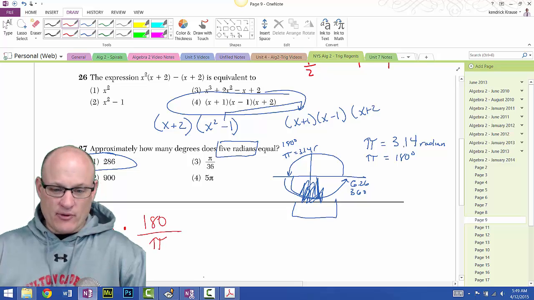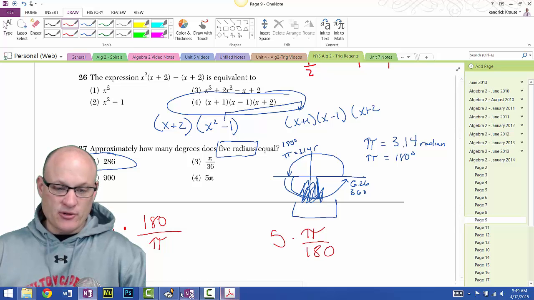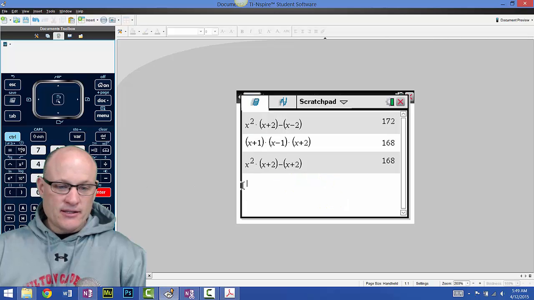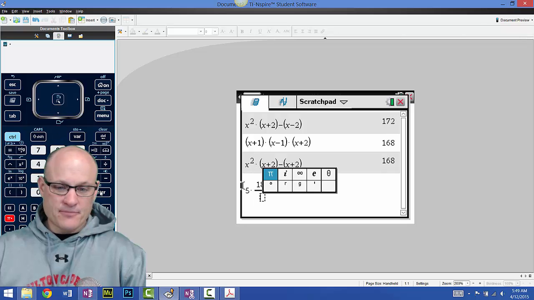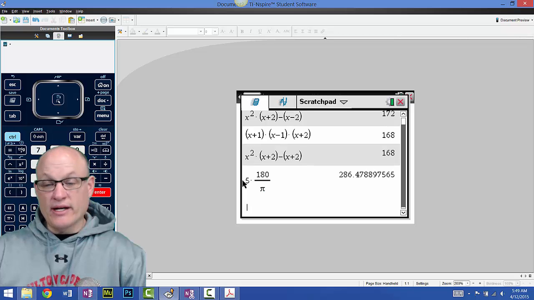Now if you didn't remember that, your only two choices are to multiply by 180 over pi or pi over 180. Let's see what we get for our two answers. Let's do it the right way first. You'll take 5 times 180 over pi, and hit enter, and there's your 286.4.